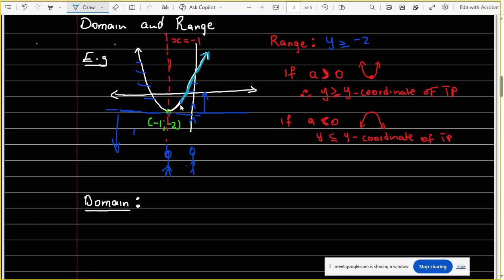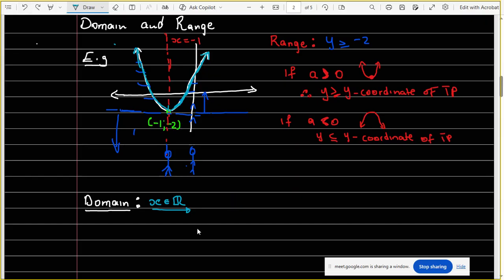It takes all the positive and all the negative values. It's always like that. X is an element of real numbers. It will always be x is an element of real numbers. The domain of the function of the parabola does not change. You understand? Last thing is that you need to understand what we call the equation.